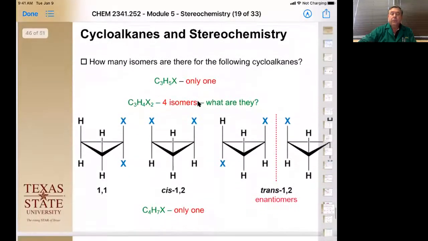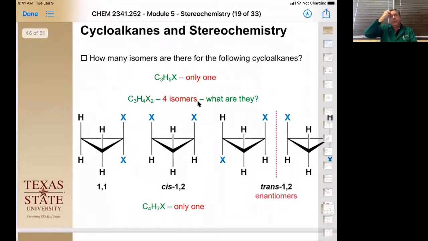Okay, so what's really strange is that when you get to cyclo groups, especially ones that are small, or even like cyclohexanes here, it starts to become harder and harder to see the isomers because of where they are.